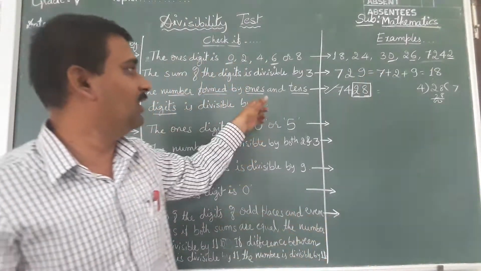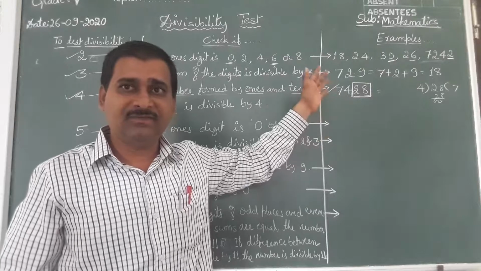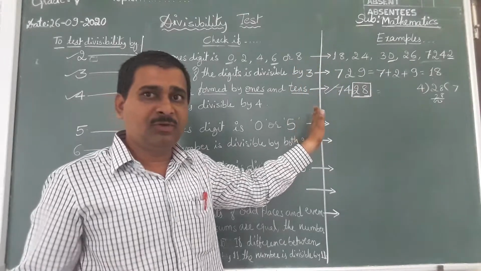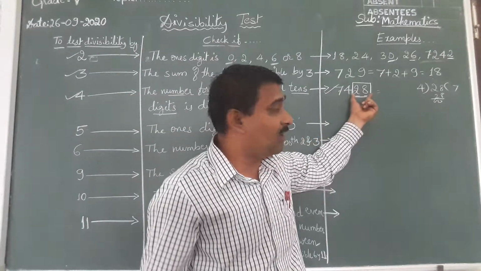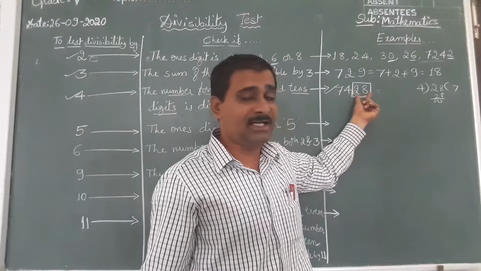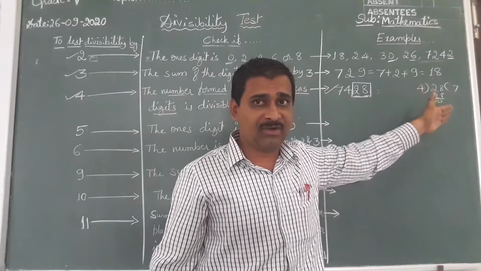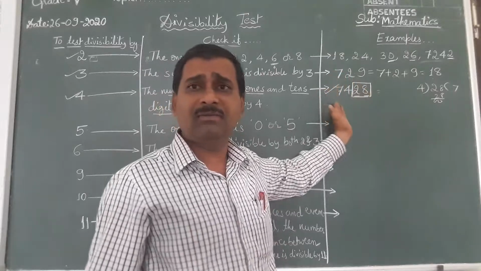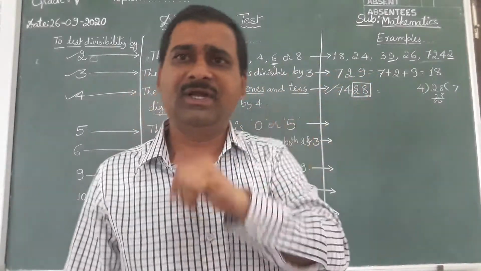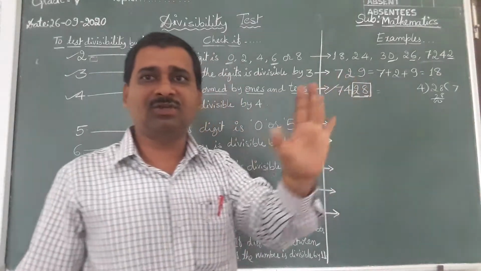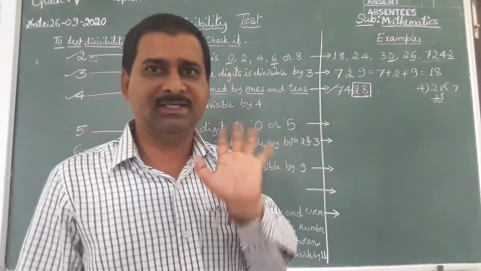You may ask a question, if this is not divisible by 4, what happens? If the number we got from the ones and tens digits is not divisible by 4, then the whole number is not divisible by 4. You can decide that the number which is given is not divisible by 4, right?